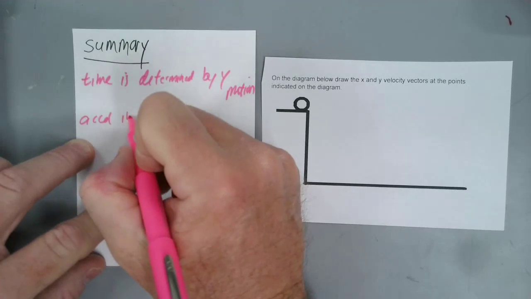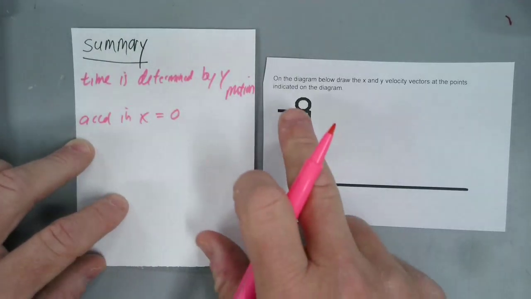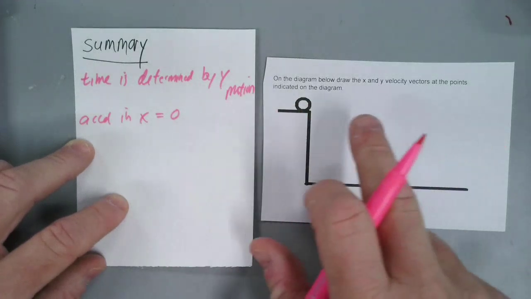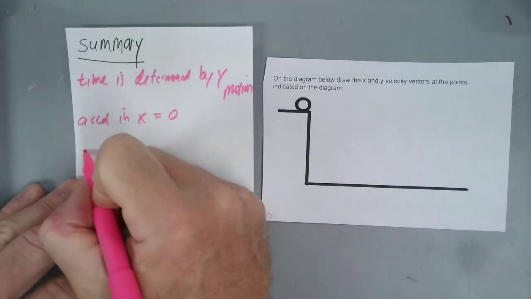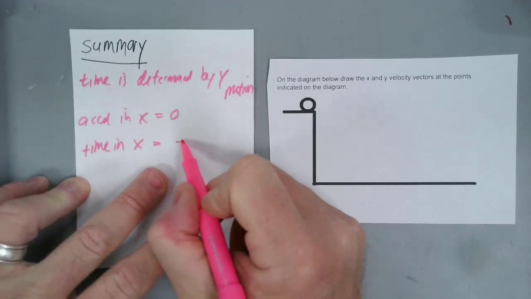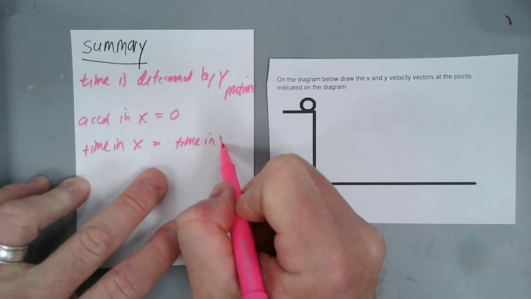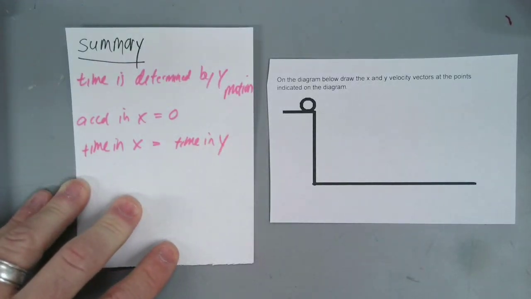Acceleration in the x is 0 because there's nothing to accelerate it in the x dimension, only in the y. The time in the x is the same as the time in the y. There is only one time.